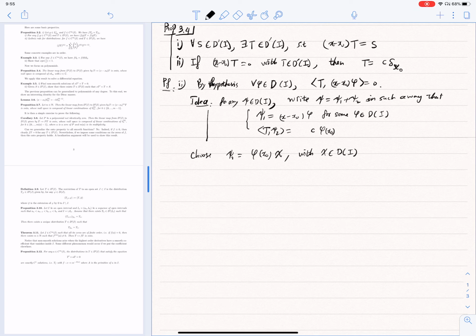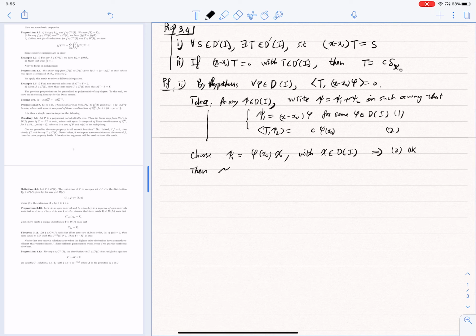Then when T is applied to this function, we're going to pull out the constant phi of x naught times T applied to chi, which gives a constant. So the second requirement is fulfilled. We still want to have the first one, and we're going to add another property to the function chi later. So we'll see what kind of property we need. So then 2 is satisfied.